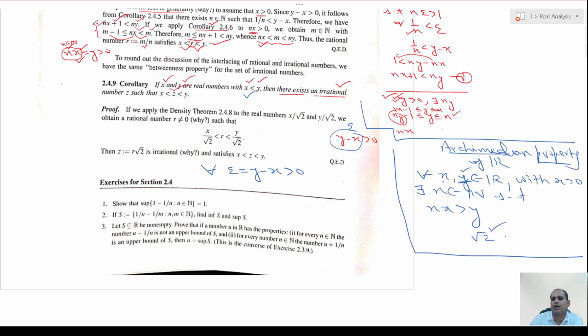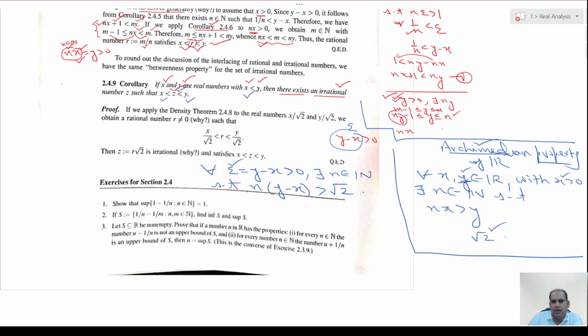This x and y I have referred to for the Archimedean property of real numbers. Here, since their difference is strictly greater than 0, I can always apply this trick: epsilon greater than 0, such that for every epsilon, that is y minus x greater than 0, there exists a natural number, at least one natural number, such that n times (y minus x) is strictly greater than root 2, because I need to bring it into irrational form. I need to show that between every two real numbers x and y there exists at least one irrational number.